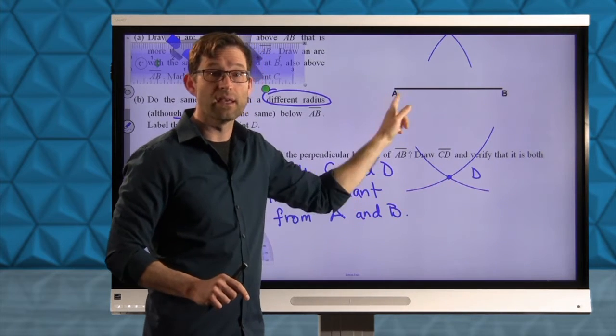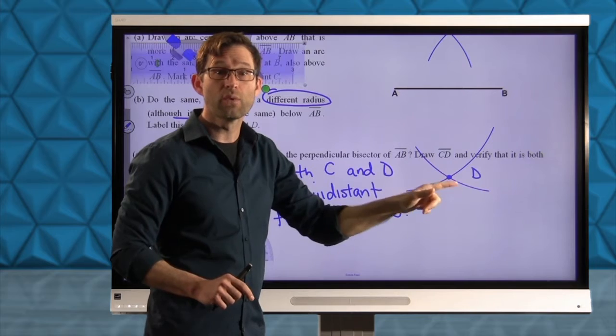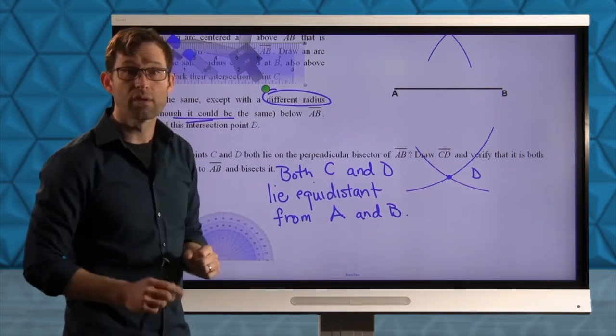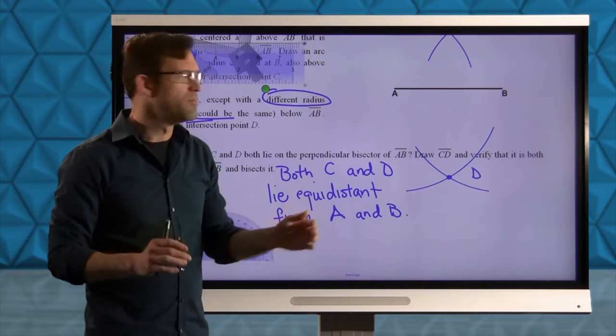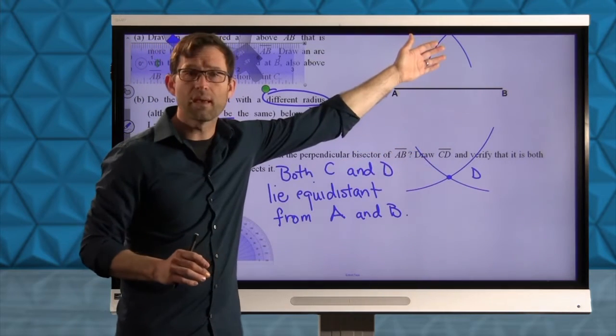And D lies equidistant from A and B because we kept the radii of those two arcs the same. All right? That's key, right? Again, these radii could be the same as these.